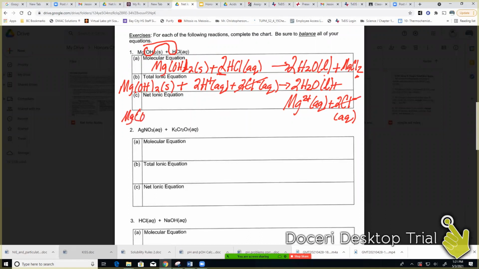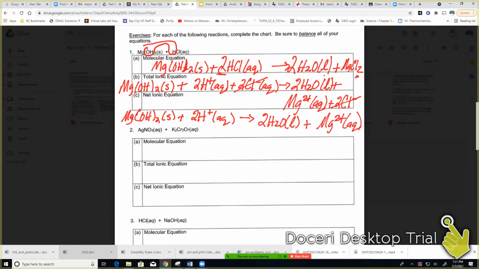Mg(OH)2 as a solid plus 2H plus AQ gives me 2H2O liquid, and my Mg2 plus AQ.